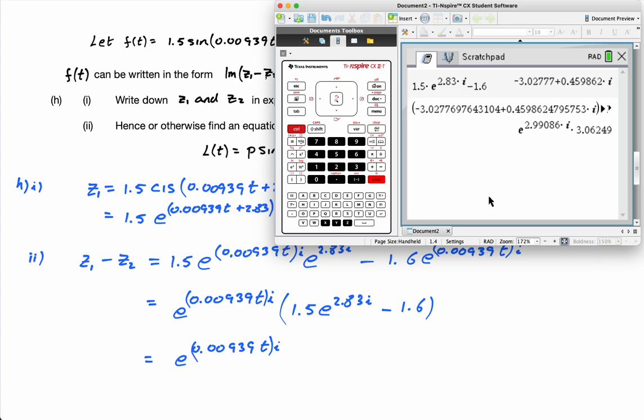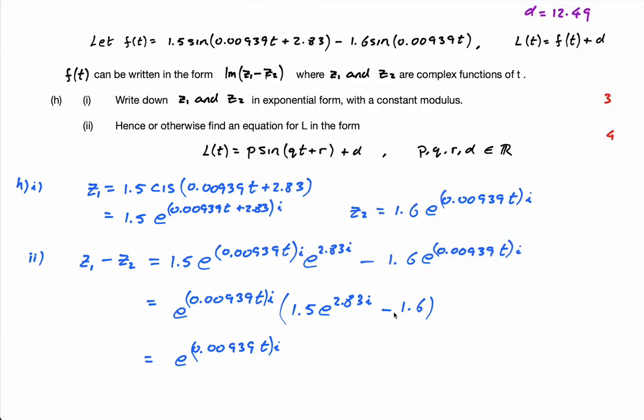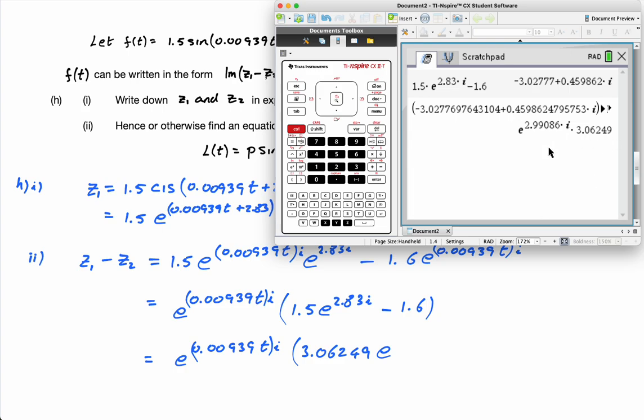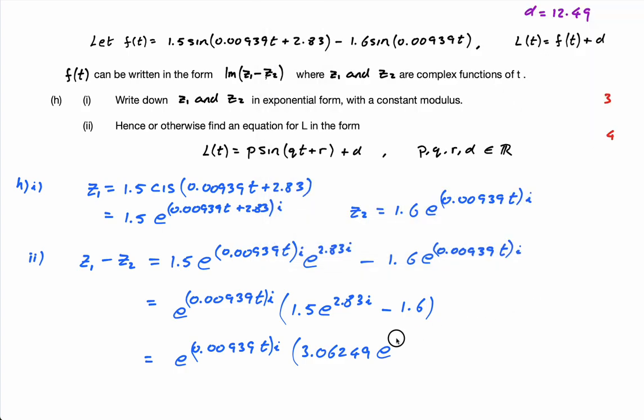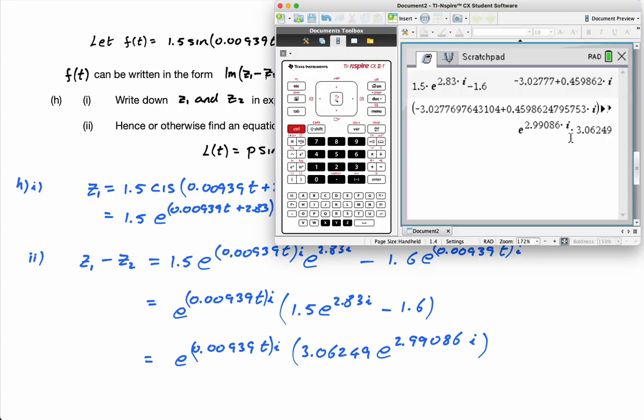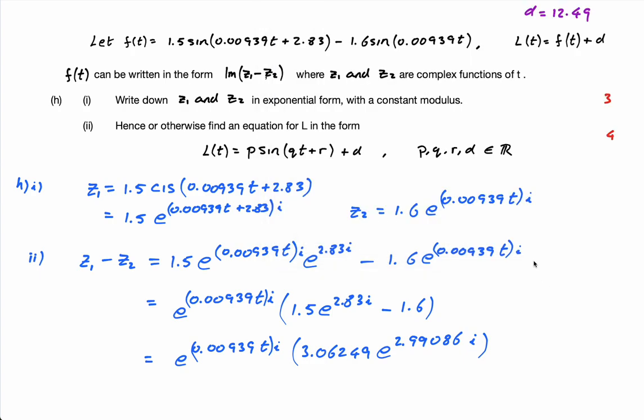Okay, so this is now 3.06249 e to the power of 2.99086 i. Okay, very nice.